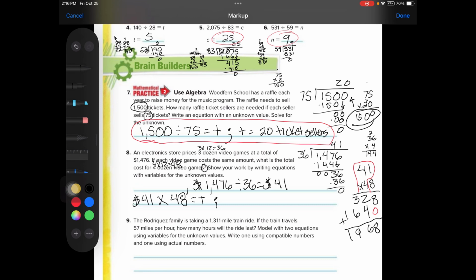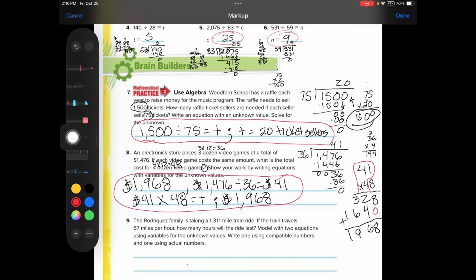That's our answer that we're going to stick right here: 1,968. Go slow so you write neatly. And we also need to stick that answer right here because that's the first question: what is the cost for 4 dozen games? So we're going to write that again right here, 1,968. So this is what you need to have written for it to be correct. Whoops, wrong color. Let me try that again.